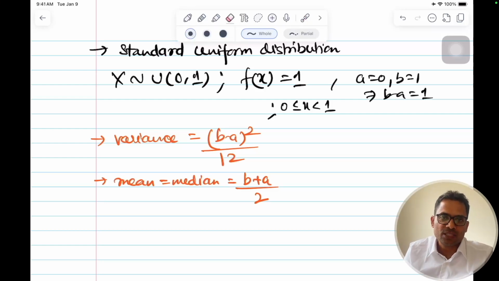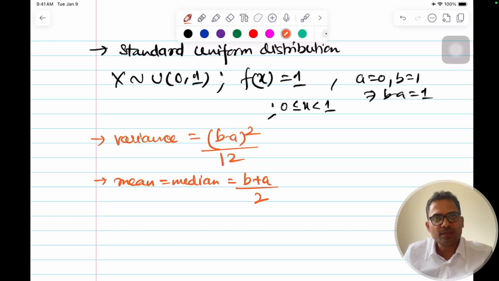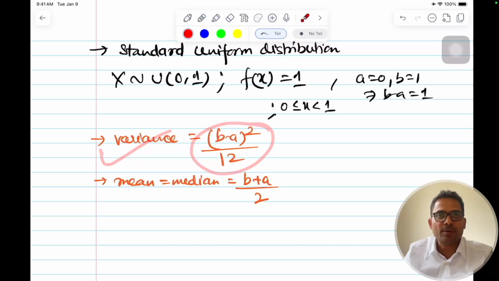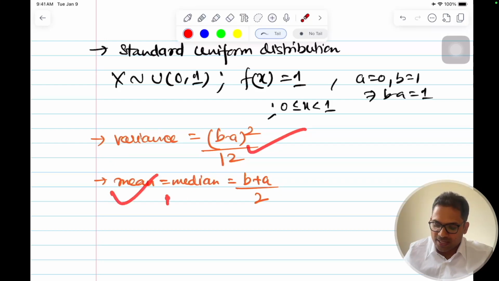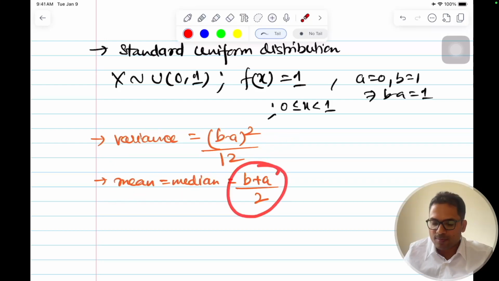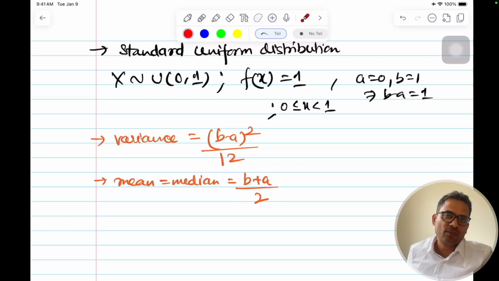So once we have identified that our problem can be modeled as a uniform distribution, we have so much information: the variance will be b minus a whole square by 12, the mean and median will be the same, its value will be b plus a by 2, and a lot more information. So that's why modeling a real world problem into a probability distribution is helpful. Okay, that's the real benefit.